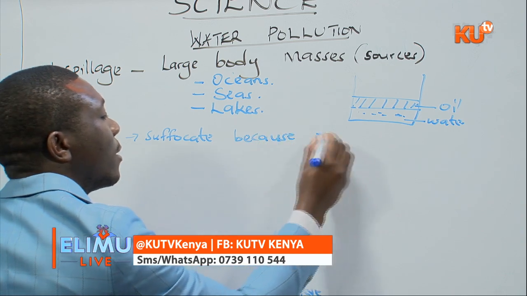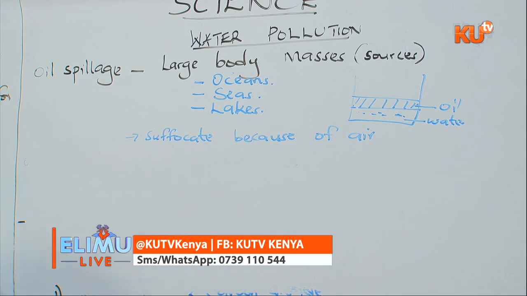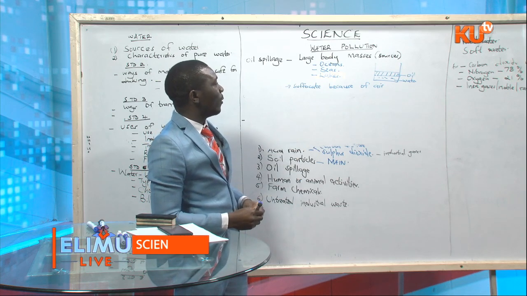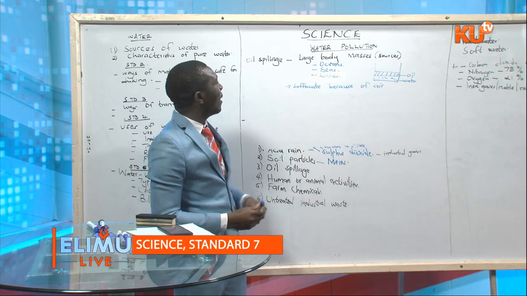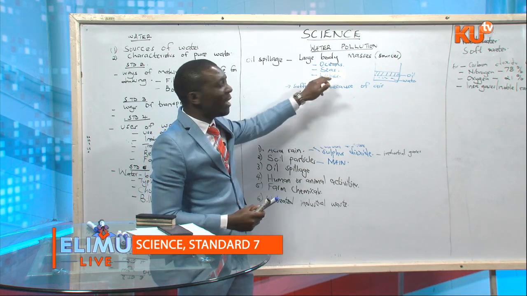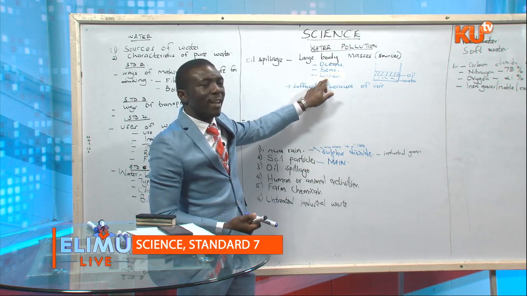Allow me to write it. We have some birds that are found on these large body masses. You look at flamingos at Lake Nakuru and Lake Elementaita, which are large body masses. We have pelicans and swans inside there.